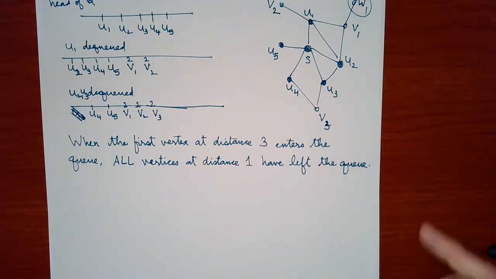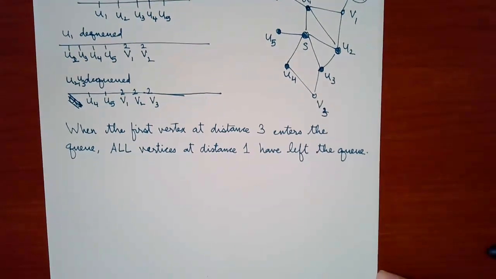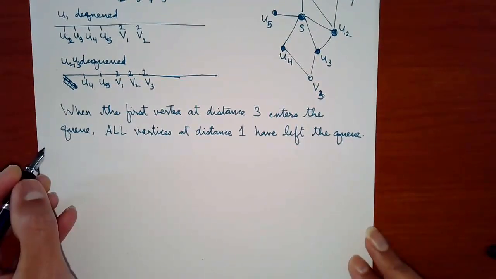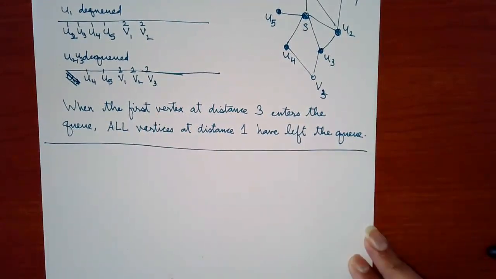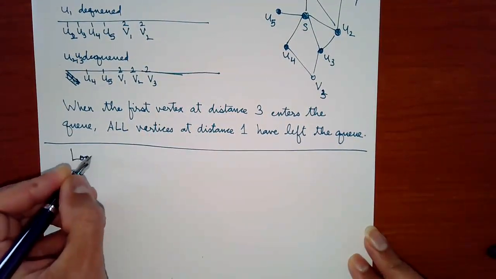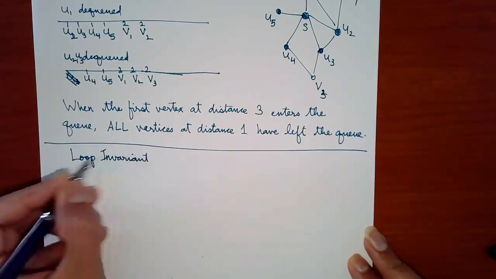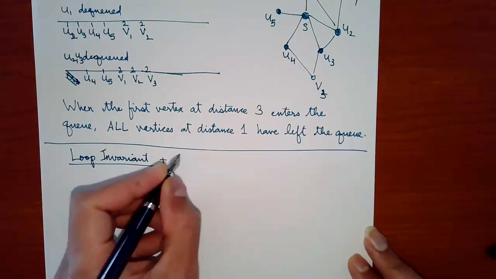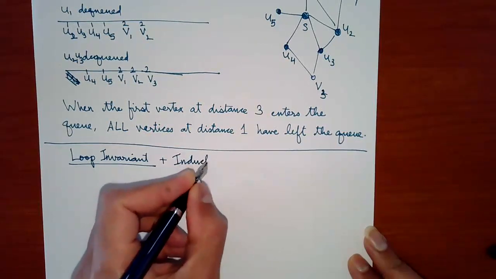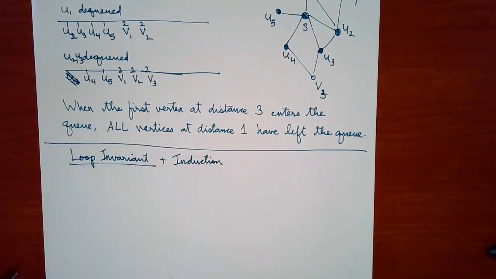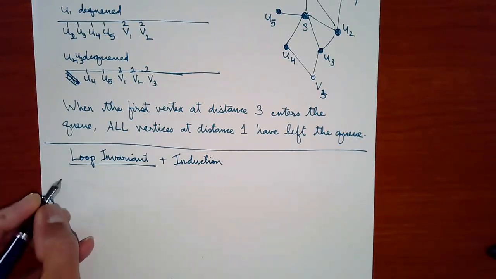Is everyone following so far? You need a proof by induction. And what you need specifically is the loop invariant. So it's the loop invariant plus induction, or technically the loop invariant is going to contain the induction.